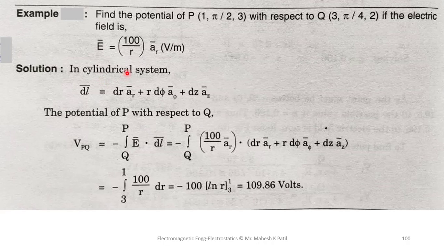So for the cylindrical coordinate system, differential length dl bar is equal to dr A r bar plus r d phi A phi bar plus dz A z bar. Now the potential of point P with respect to point Q, so it is V suffix PQ, can be written as minus integration of E bar dot dl bar.